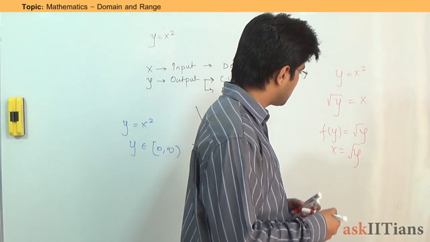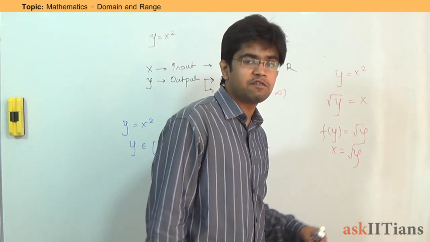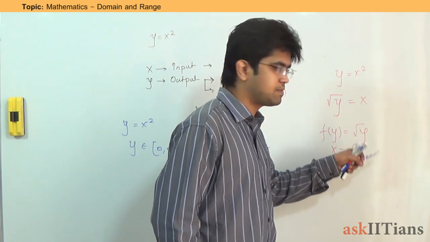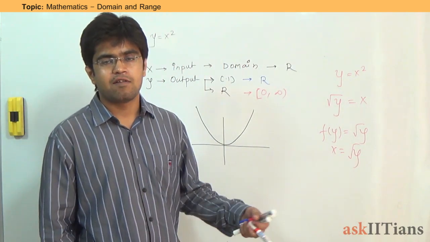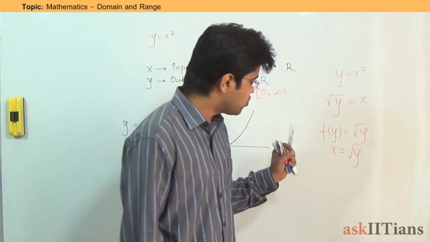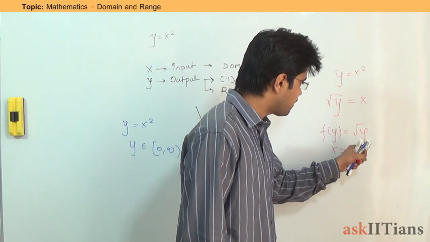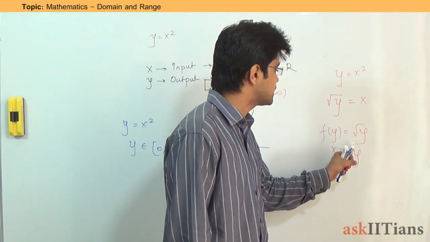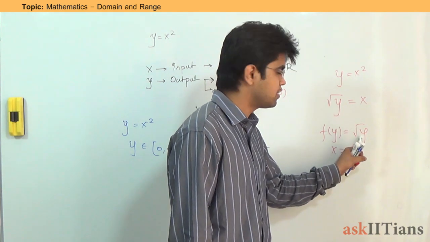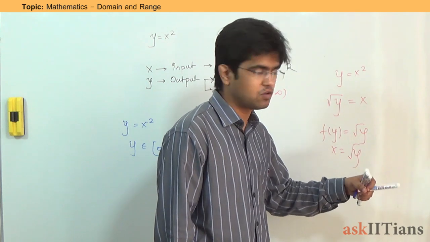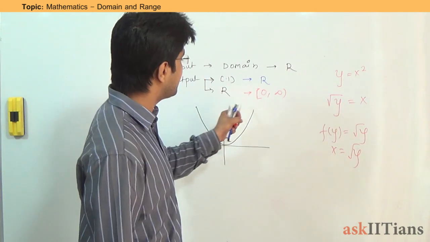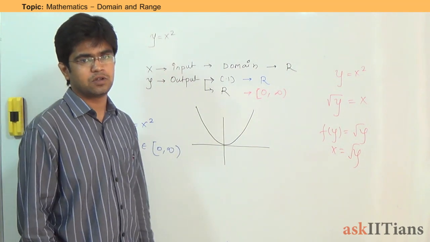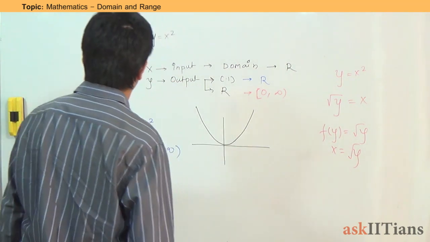Obviously, because y is under the root, y cannot take any negative values. So when you change the function, this method comes in very handy in finding the range. Only non-negative values of y are acceptable, and that is what our range is. So this is one method.